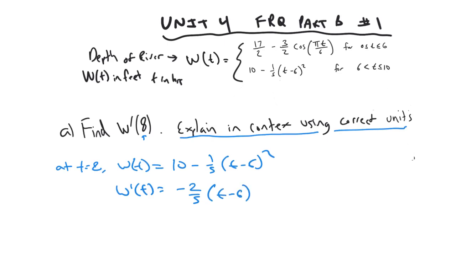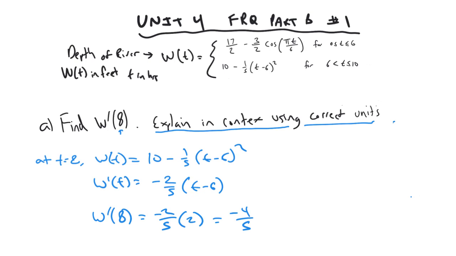Then I'd look for chain rule, but the derivative of the inside is just 1, so that's my derivative there. And then w prime of 8 would be negative 2/5 times 8 minus 6, which is 2, so we'd have negative 4/5.